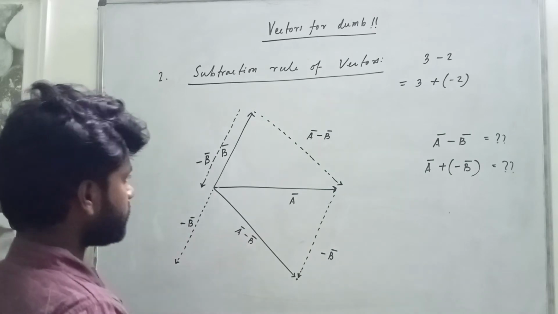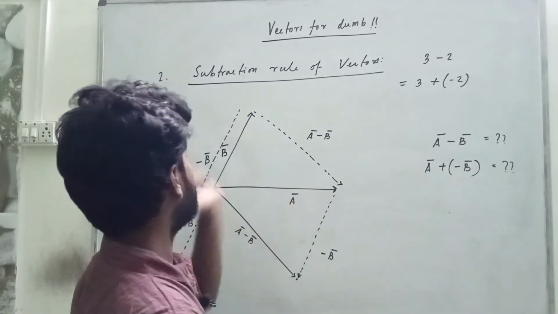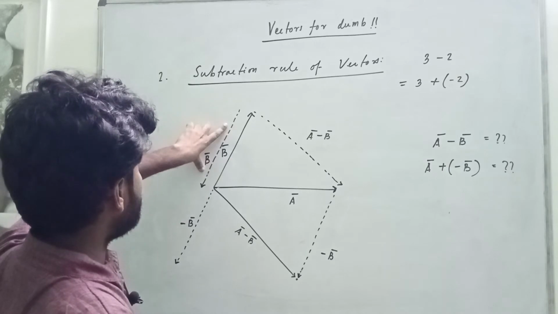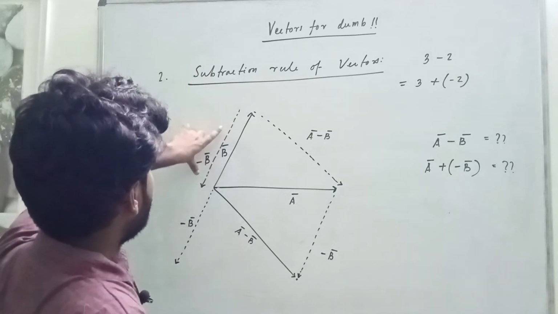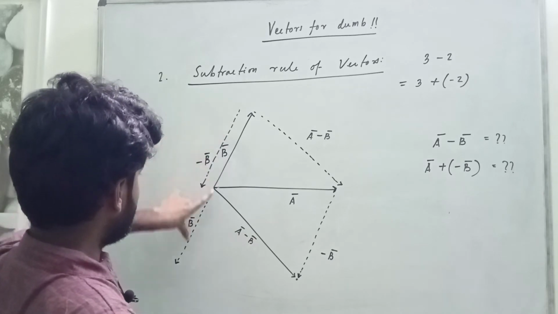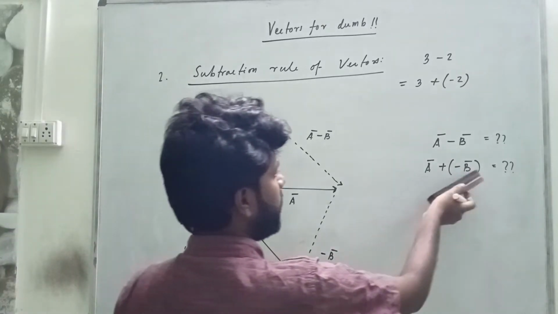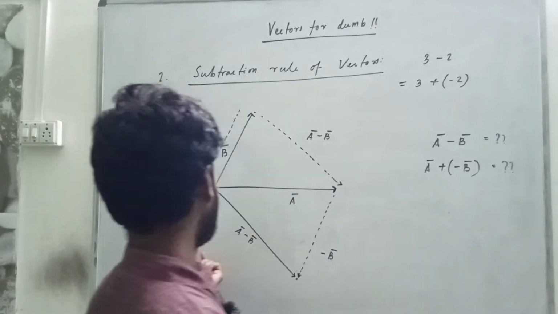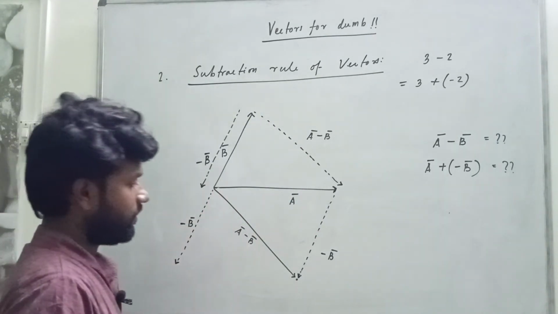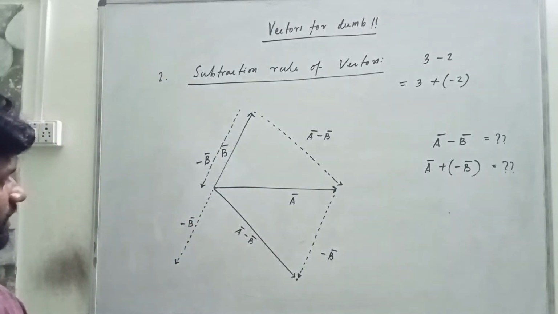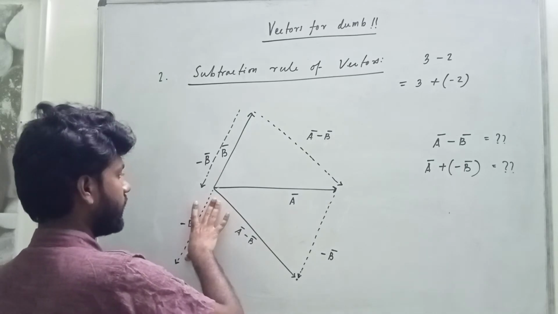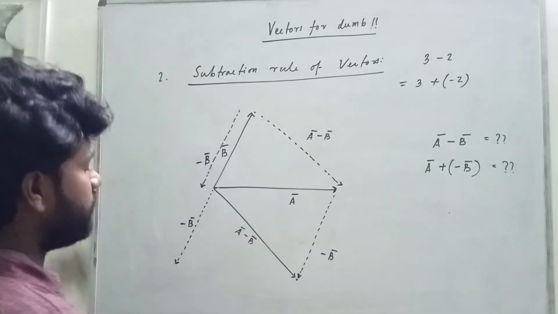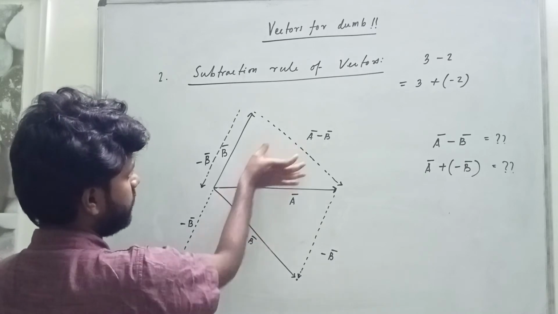If A is this thing and B is this thing, just write minus B from B. Just place it, a parallel transformation of minus B from here to there, and it is a plus of minus B. Just addition with A, and it's A minus B, and all of you know what the result is. Just transfer this A minus B from here to there, right?